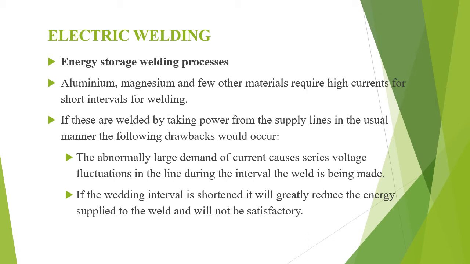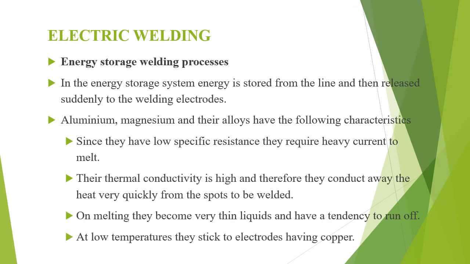The abnormally large demand of current causes serious voltage fluctuations in the line during the interval the weld is being made. If the welding interval is shortened, it will greatly reduce the energy supplied to the weld and it will not be satisfactory. In the energy storage system, energy is stored from the line and then released suddenly to the welding electrodes.